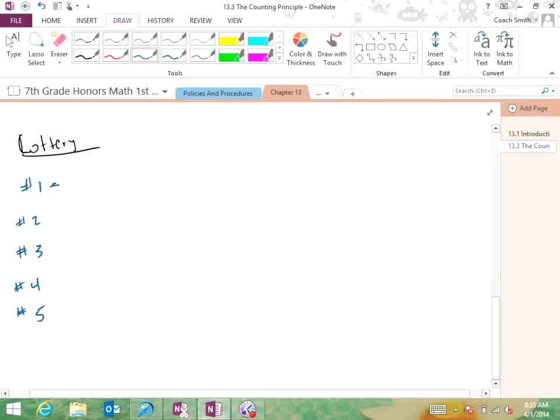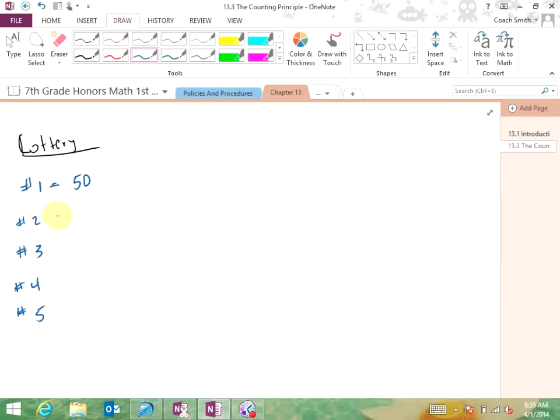When that first little ping pong ball comes out, how many numbers are in the hopper? 50, right? So the first one's 50. Now when that one comes out, can it be used again?